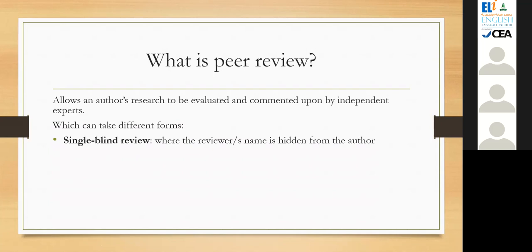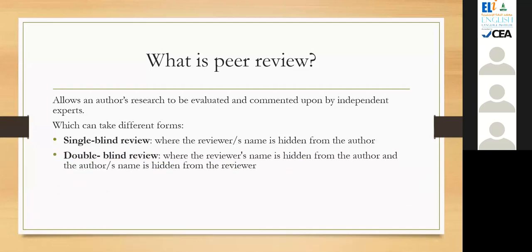We have something called a single blind review, where the reviewer's name is hidden from the author, so you cannot see their names. Okay, you don't see who is actually reviewing your work, so we call it a single blind review. So they see you but you don't see them.